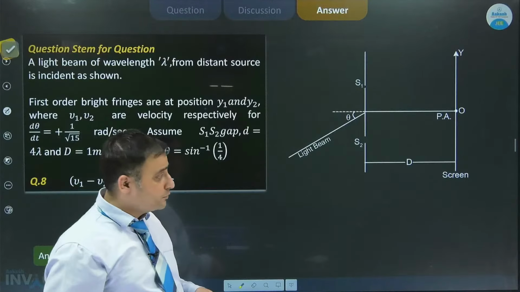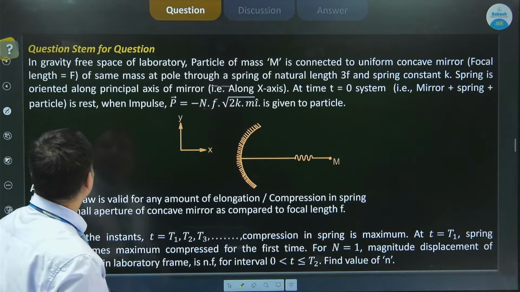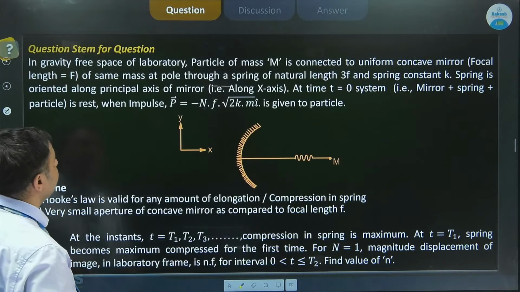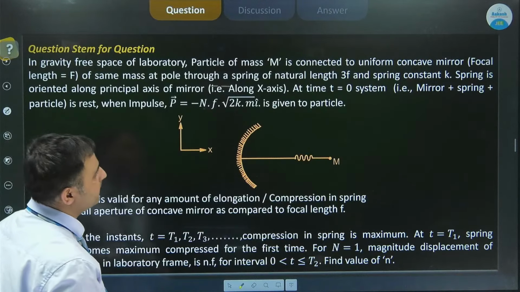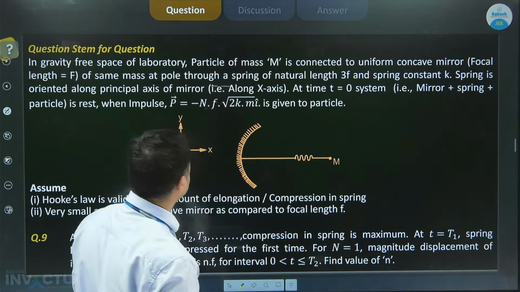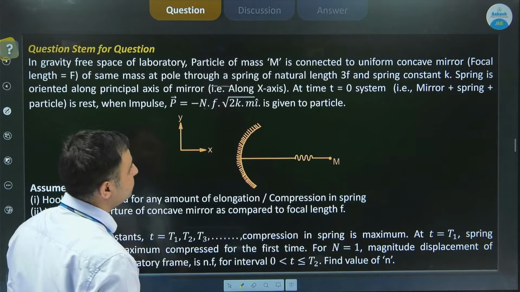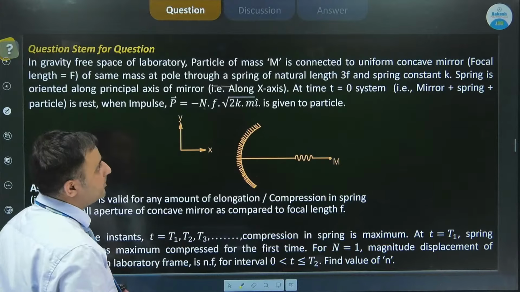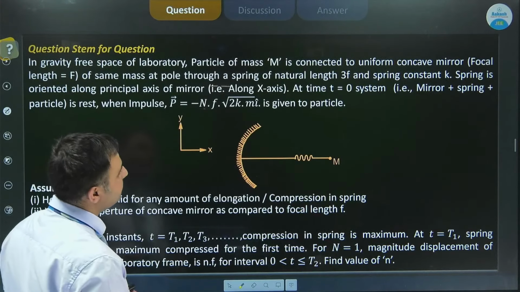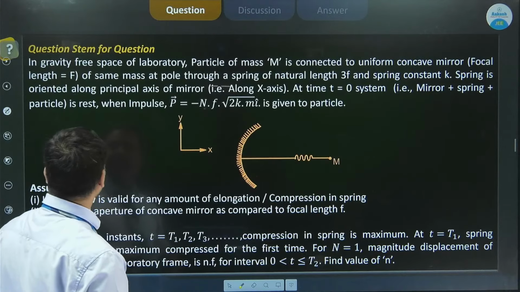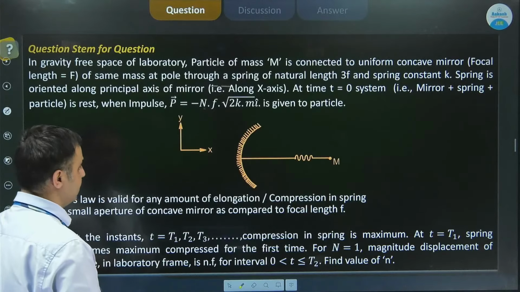Now let's move on to the next question. In a gravity-free space of lab, a particle of mass m is connected to a uniform concave mirror of the same mass at the pole through a spring of natural length 3f and spring constant k. The spring is oriented along the principal axis of the mirror. At time t is equal to 0, the system is at rest when impulse p is given to the particle.